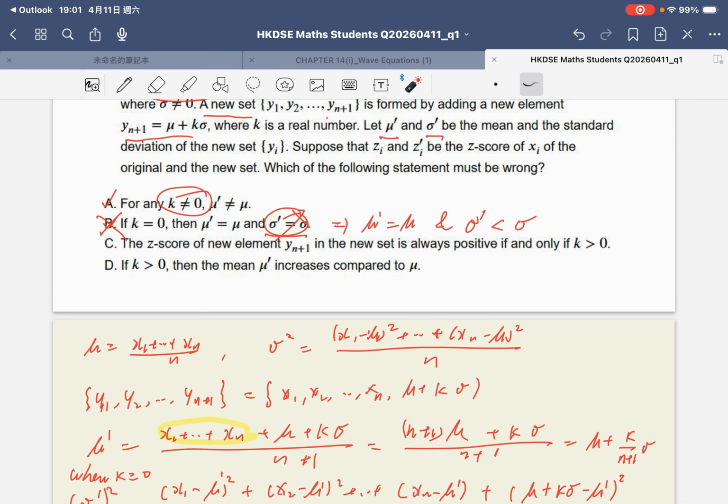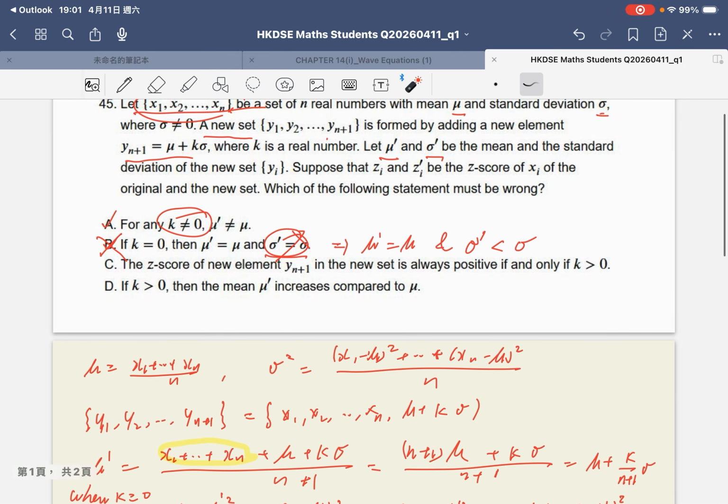Let's look at the other information. Suppose Zi and Zi pi are the standard scores of xi in the original and the new set. The standard score of yn plus 1 in the new set is always positive if and only if k is greater than 0.